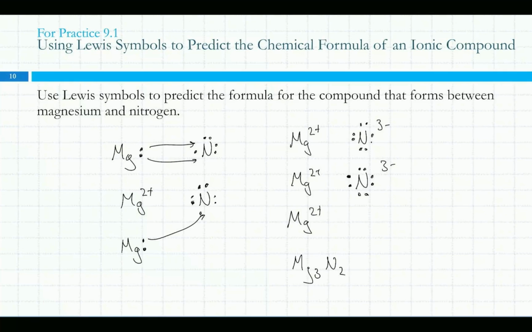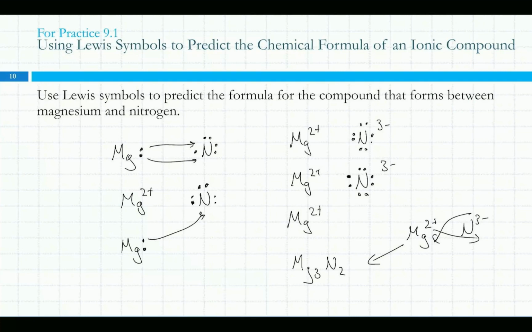Which, when we were doing nomenclature, you would have done by saying magnesium forms a 2+ charge, nitrogen forms a 3- charge, and you do this crisscross rule, and that'll get you to the same thing. Like here, knowing that this is Mg2+, we didn't talk about why it's Mg2+. Now we've talked about electron configurations and octet rules. So magnesium wants to be Mg2+ because it's got 2 valence electrons, and it wants to lose those so that it has a complete octet.